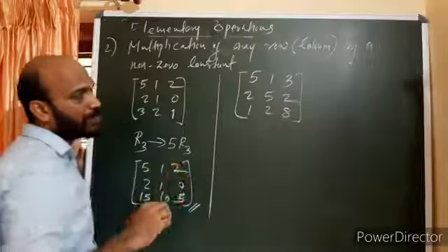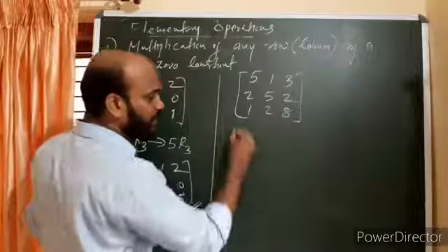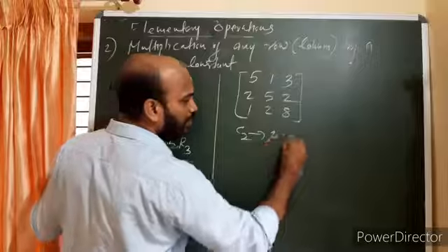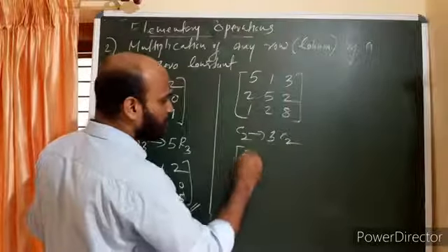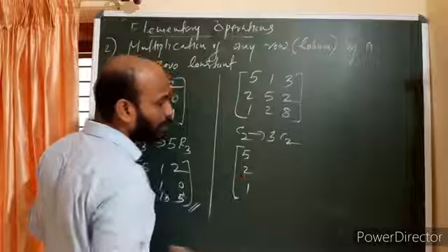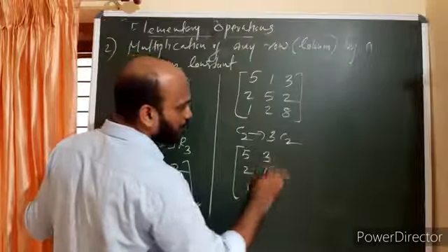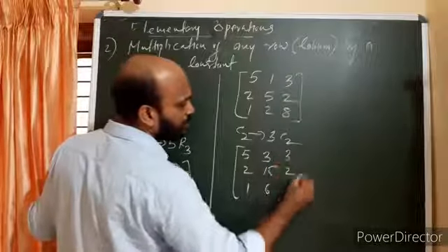Suppose I want to multiply all the elements of column 2 by 3. So I have to write the rule like this: column 2 equals 3 into column 2. So this matrix changes to 5, 2, 1. Column 1 will be the same. Column 2 changes to 3, 15, 6. And column 3 will be the same.